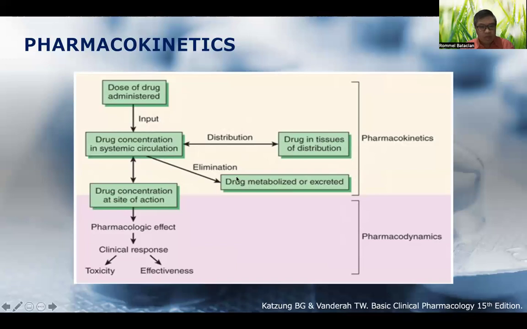And today we will be discussing eventually how the drug is metabolized or excreted out of the body, because just like all substances, whether endogenous or exogenous, they would eventually need to be metabolized or excreted in order to maintain homeostasis, because accumulation of those substances can cause toxic or undesired physiologic effects in the body. Pharmacodynamics, as I mentioned, is discussed in a different lecture by a different faculty.